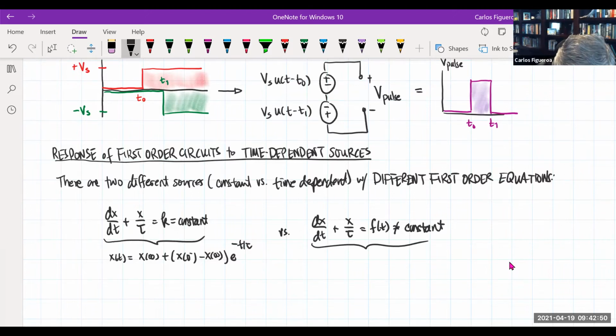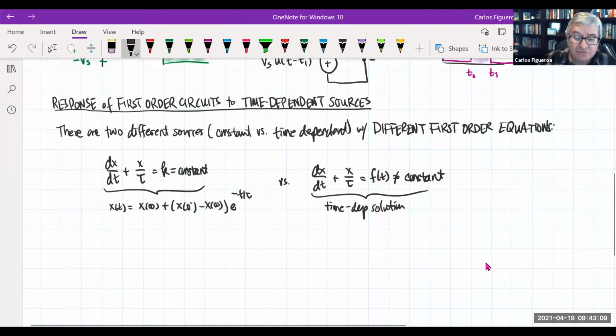So this is clearly a time dependent solution. They are not the same solutions here. So you gotta be really, really careful. Okay, so there's two significant changes here.